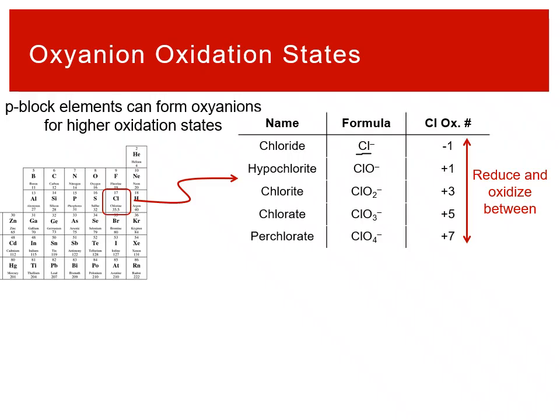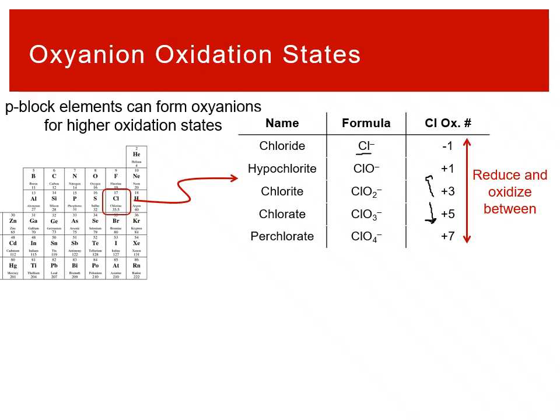If you have ClO2-, you can either oxidize or reduce that depending on how you want to go or what is easier or more available. But you can always change the number of oxygens in those ions. Oxidizing is adding more oxygens. Reducing is decreasing the number of oxygens. So you always have that flexibility.